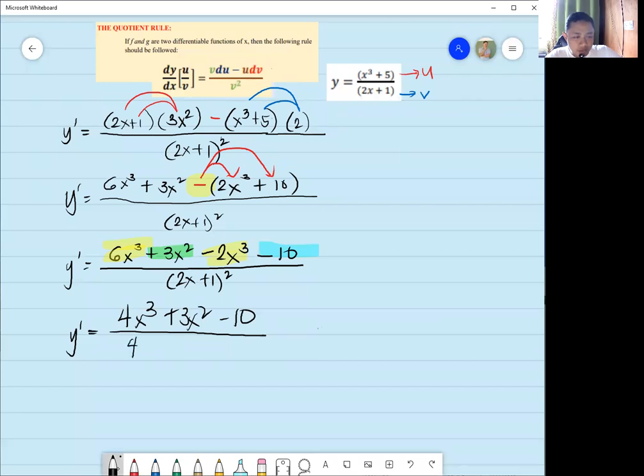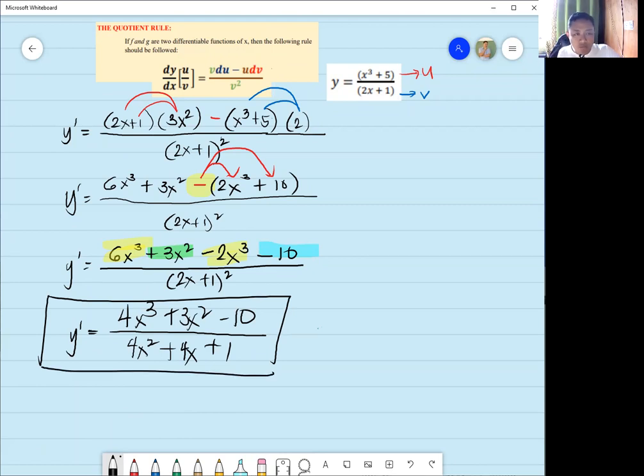That's 4x squared. And then multiply the first and the last times 2. 2x times 1 times 2, that's plus 4x. Plus 4x and then plus 1. And that's it. That is the derivative of our given.